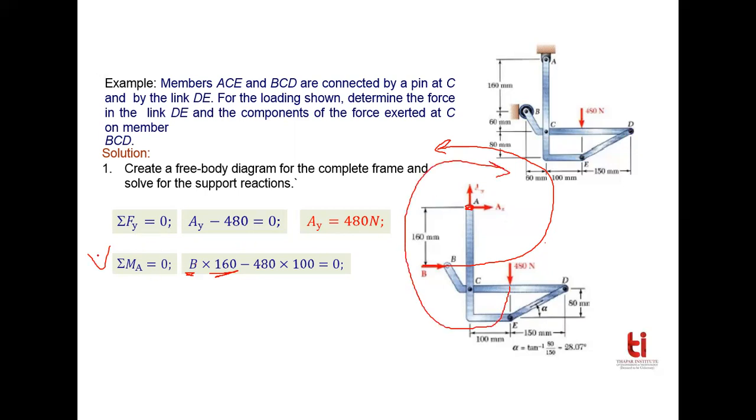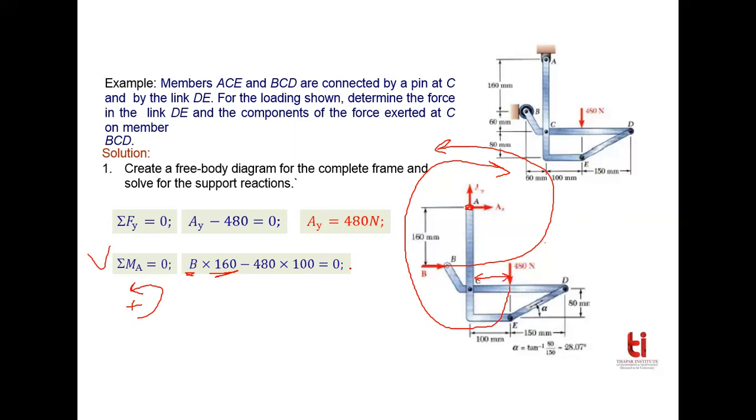Here we are considering anti-clockwise moment as positive, that's why B into 160 we are considering as positive, and 480 into 100 we are considering as negative. This 480 is located at a perpendicular distance of 100 millimeter.